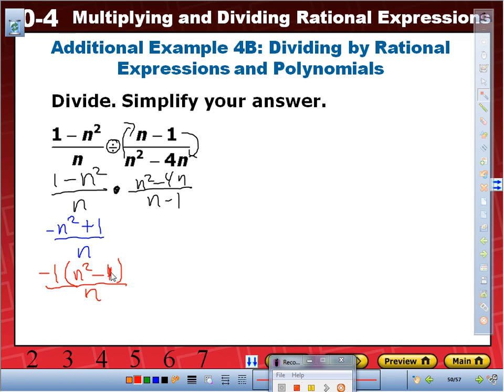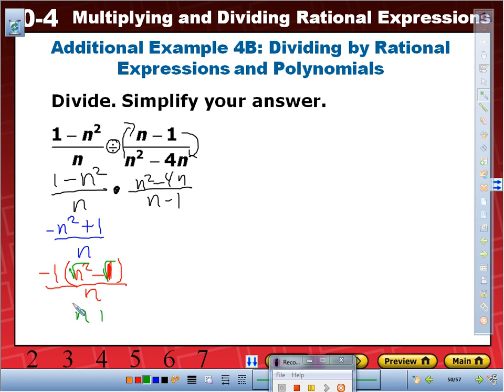So now, look inside of the parentheses. Does that look familiar? What is this? Difference of squares. Let's see, is it a difference? Let's check for the squares. Square root of n squared, n. Square root of 1, 1.